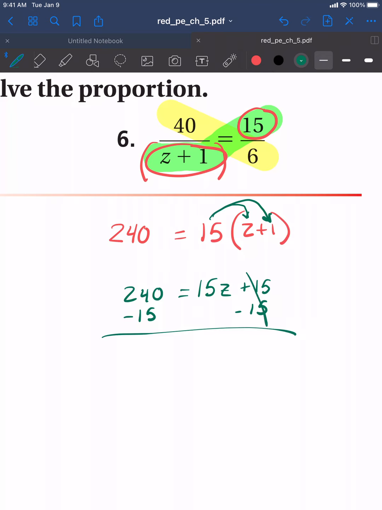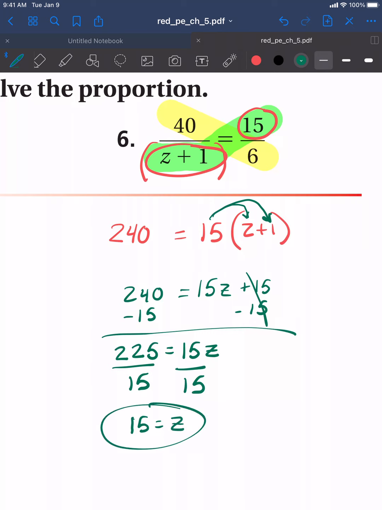Okay, so now we have 240, subtract 15, we get 225 equals 15z. Now how do I get z all by itself? Now I can divide by 15. 225 divided by 15 is 15. So 15 equals z. And that is your final answer.